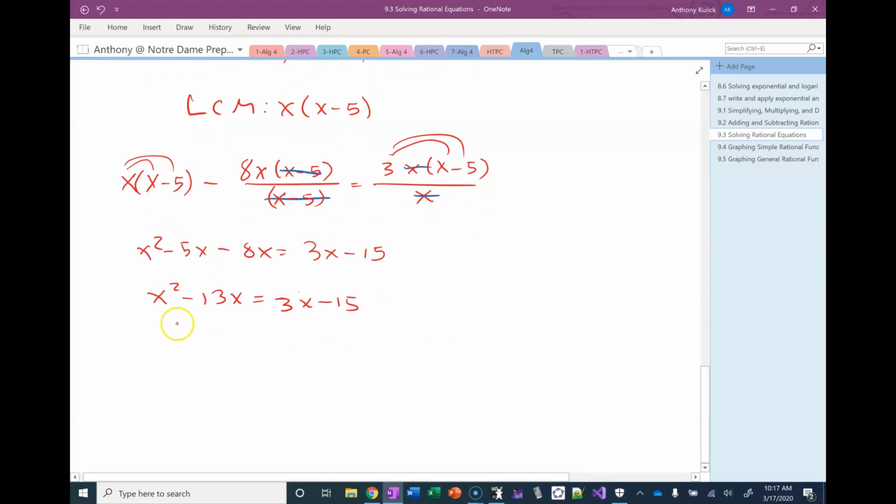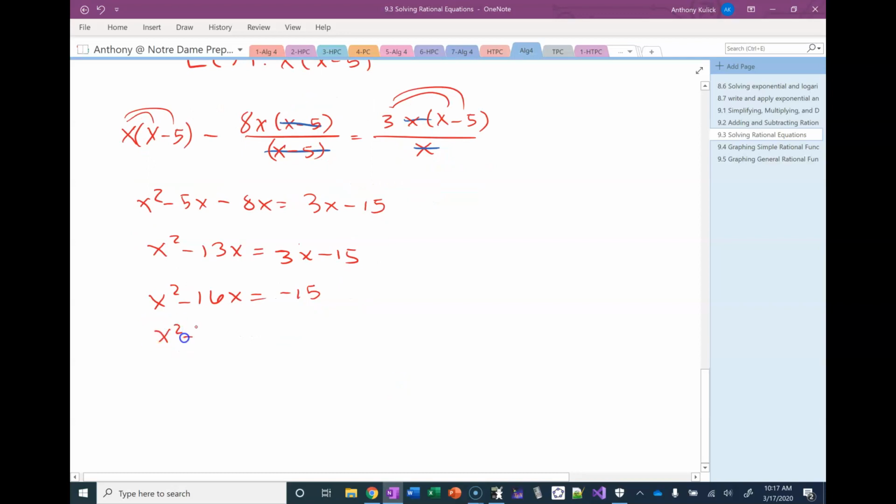If I subtract 3x from both sides, that gives me -16x equals -15. If I add 15 to both sides, I get x squared minus 16x plus 15. This is a quadratic equation that's equal to 0.